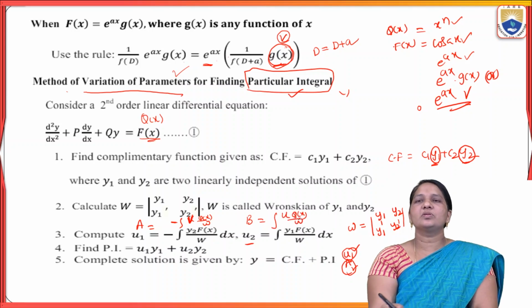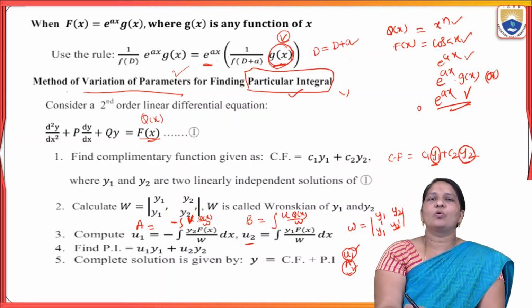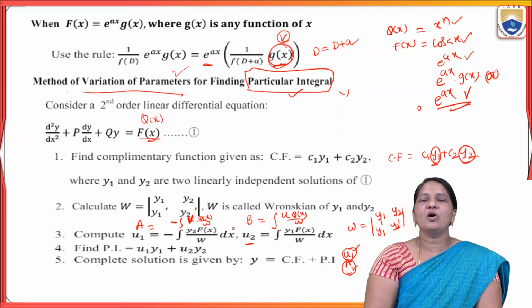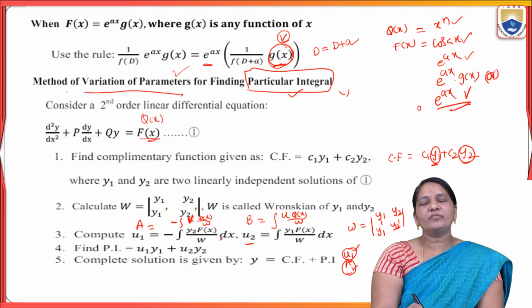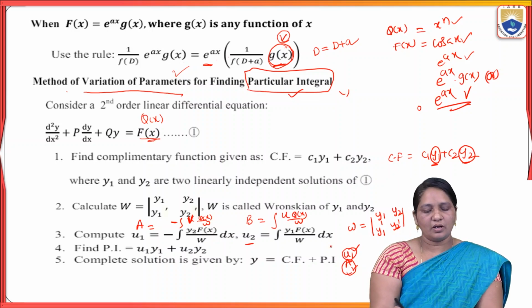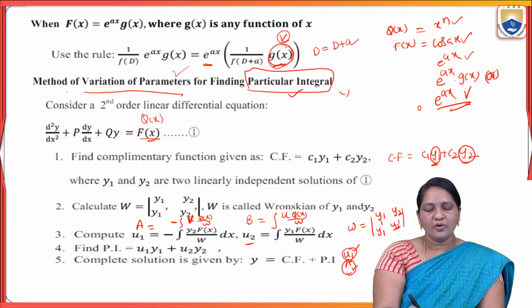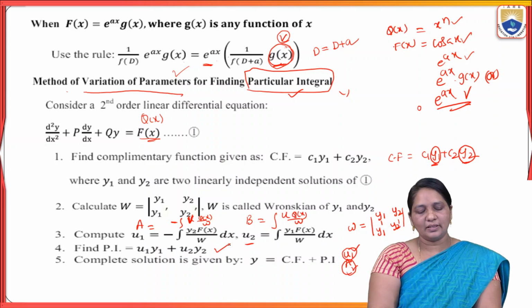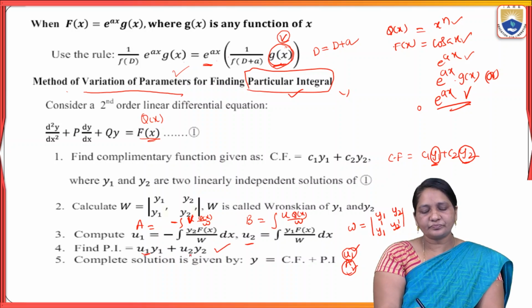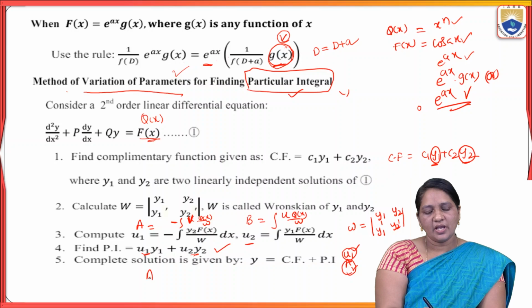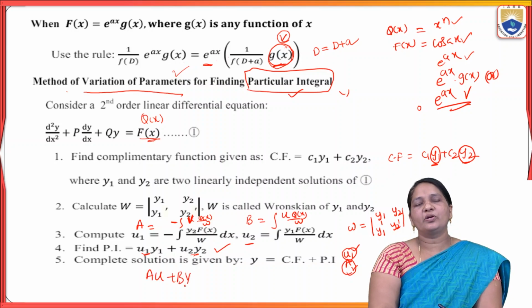What is the w? W is the Wronskian value of y1 and y2. After calculating a and b, or u1 and u2, we are going to find the particular integral, that is u1 y1 plus u2 y2, otherwise a into u plus b into v. This is the particular integral.